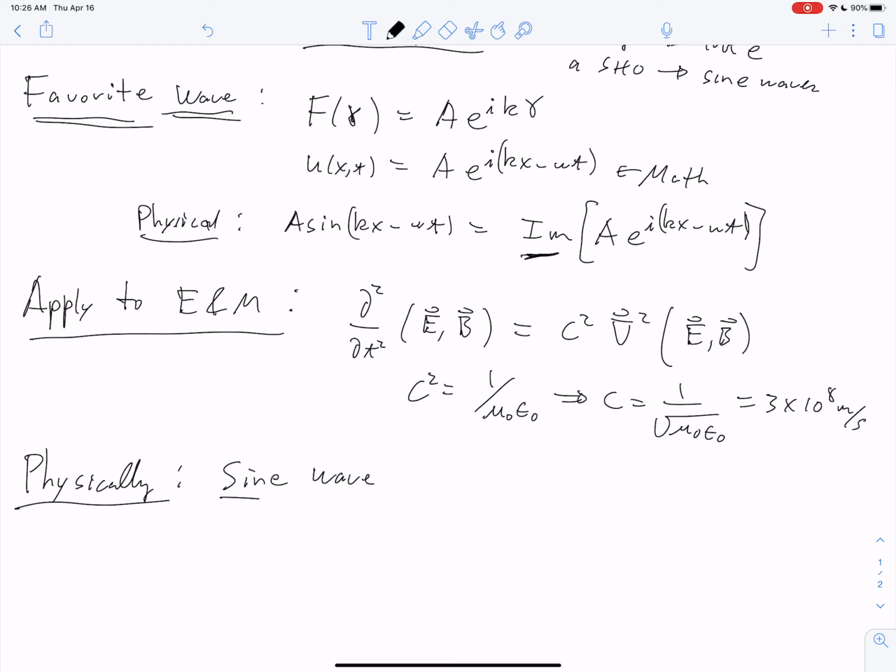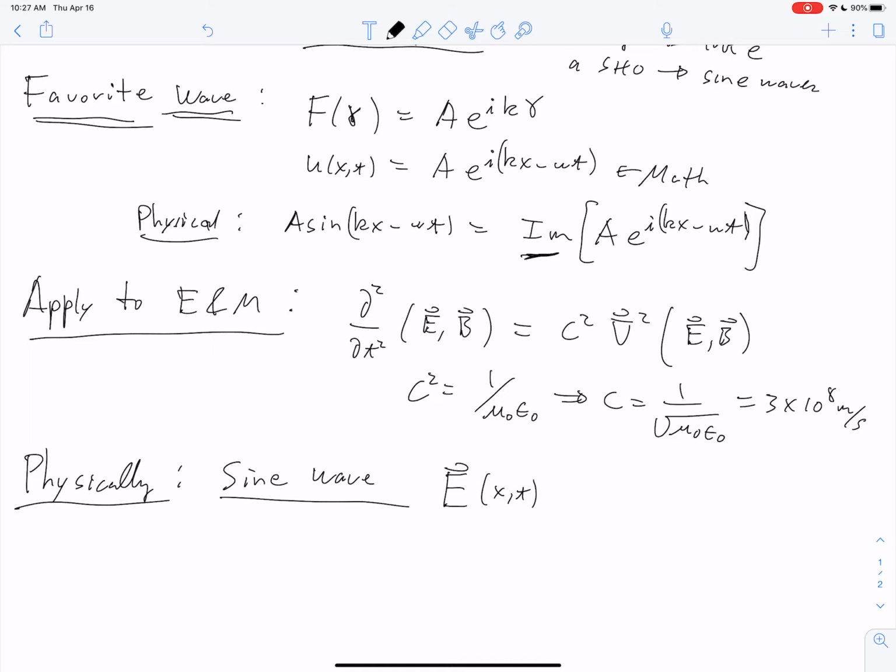And remember, this is just one solution of the wave equation, but it's our favorite solution because it's so useful for so many things, and simple harmonic oscillators follow this relationship. But the sine wave is this. So this is one solution of the wave equation, E of x, t.